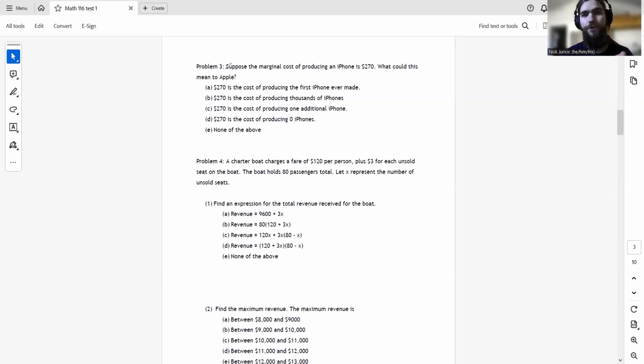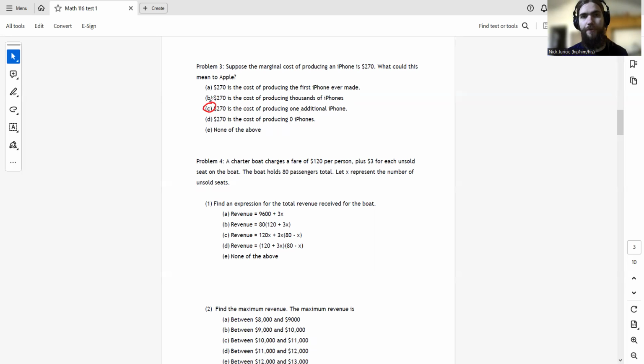That's more like total cost of a certain number of iPhones. If we look at part D that says the cost of producing 0 iPhones, that straight up would be your fixed costs. Like you're not producing any iPhones, but you still might have the costs to start up production.